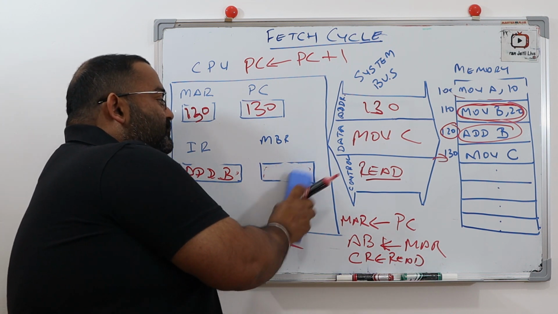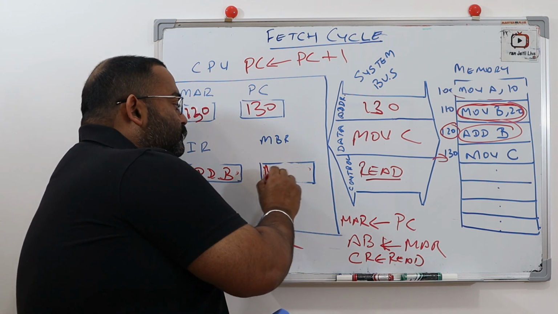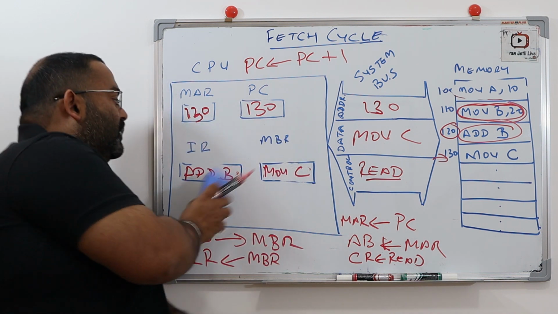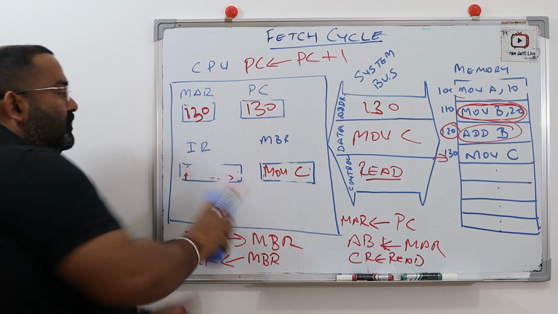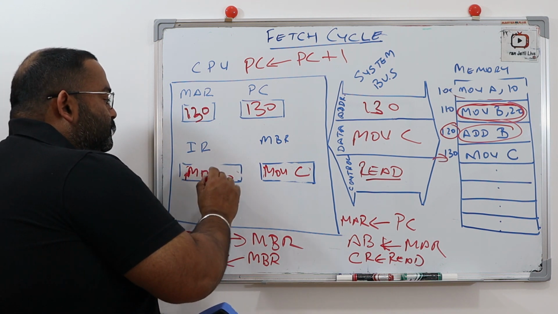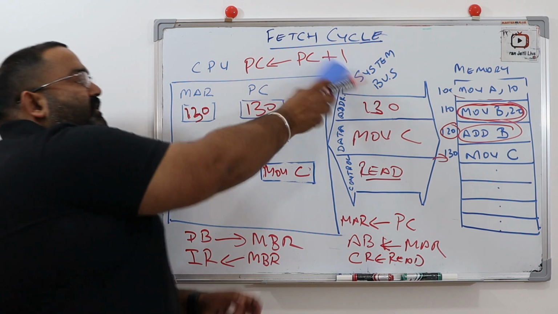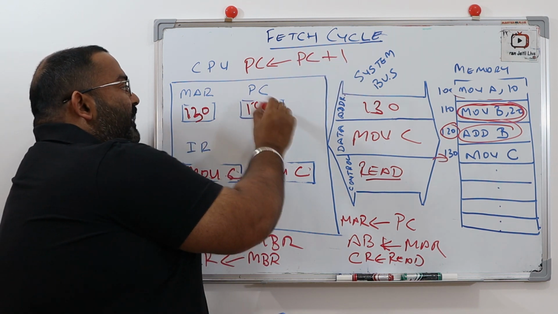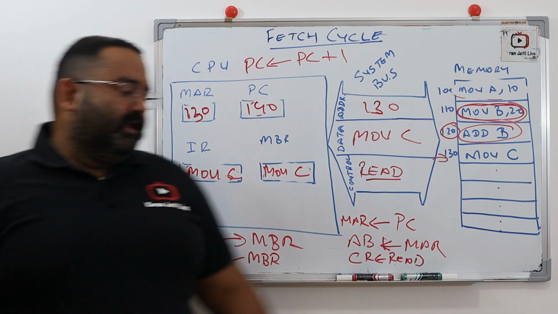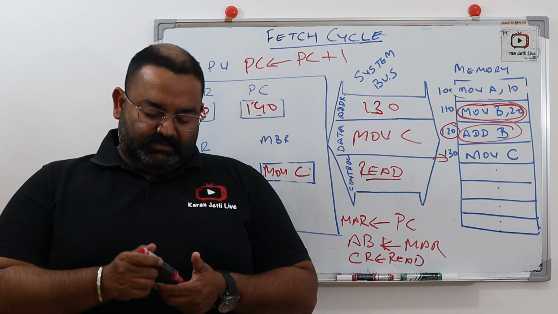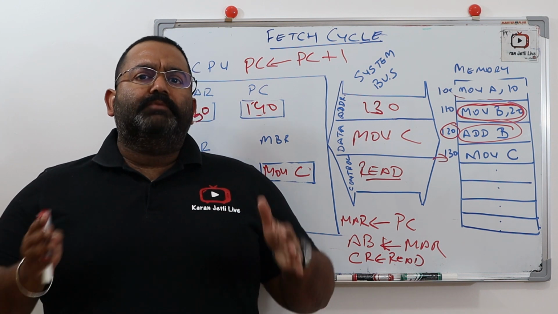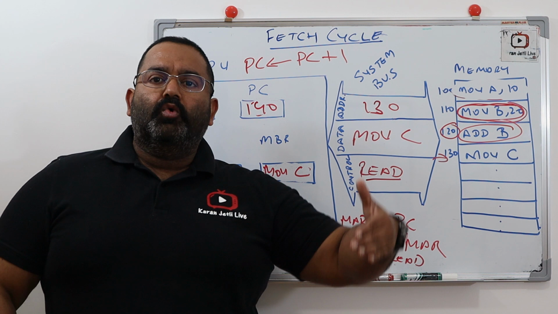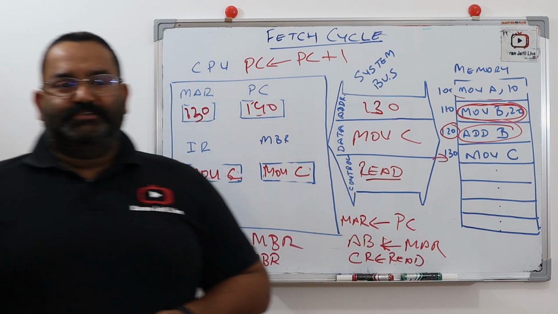So what comes here is Move C. Then copy the content of MBR to IR. So what comes here? Move C. Then increment the program counter so that it can point to the next instruction. And guys, our fetch cycle is complete. I hope you understand up to here. So the next two parts are decode and execute.